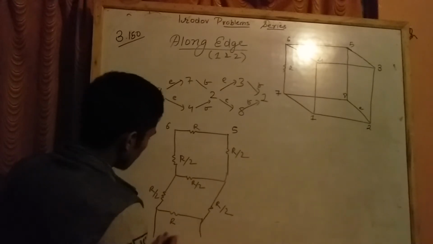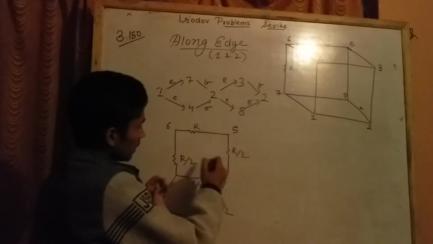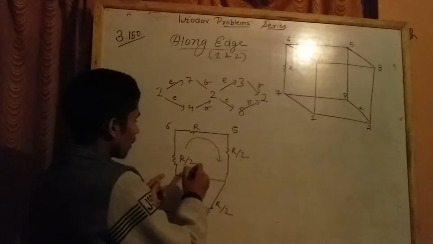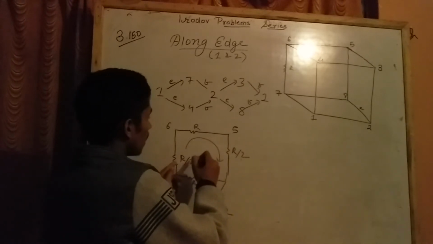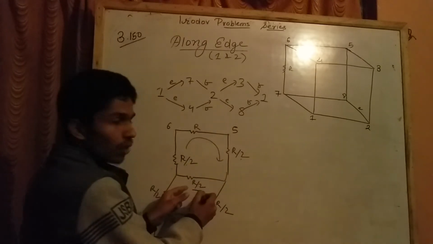Now let us find it out. The battery is across these points. These 3 are in series, so R by 2 plus R plus R will be 2R. So this is 2R, and 2R and R by 2 are in parallel.